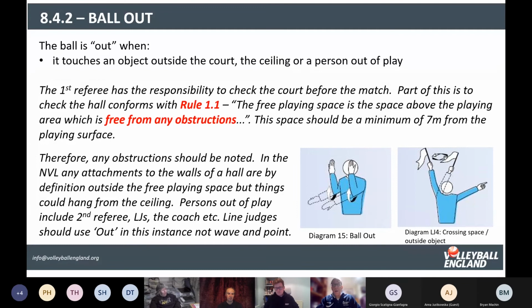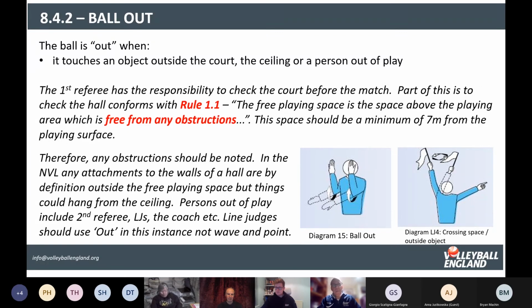If the ball hits a referee or a coach, the line judge should not be using wave and point. The line judge in that instance must use out, and not wave and point. And as a referee, you know that a ball which is touched and hits the coach, the signal is out and not ball touched, because the coach is a person out of play in the free zone. Anybody else shouldn't be there.